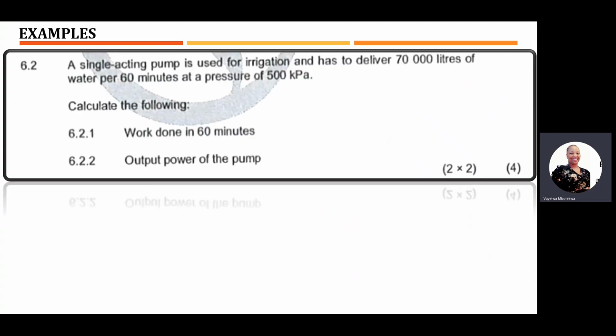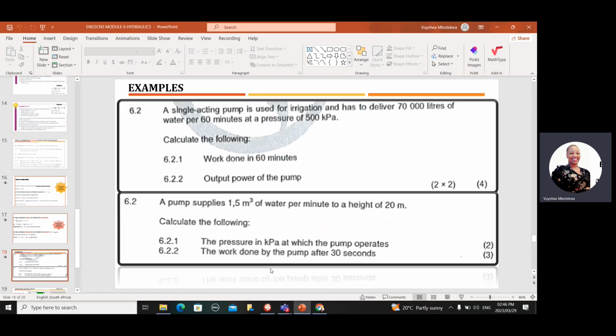Okay, so let's look at a question. A single acting pump is used for irrigation and it has to deliver 70,000 liters of water per 60 minutes at a pressure of 500 kilopascals. Calculate work done in 60 minutes and the output power.